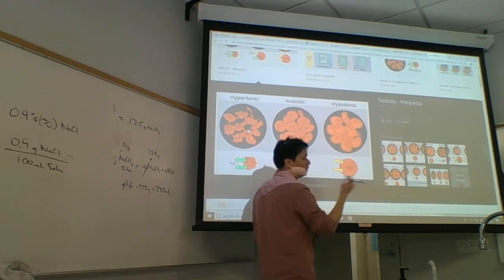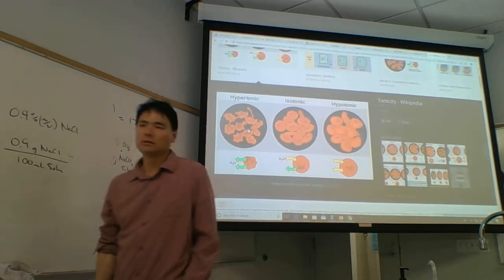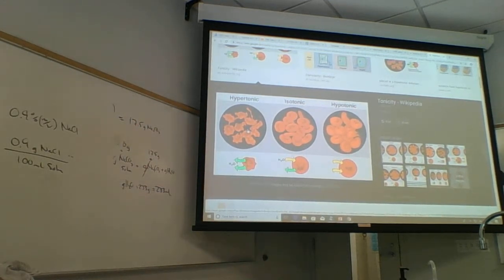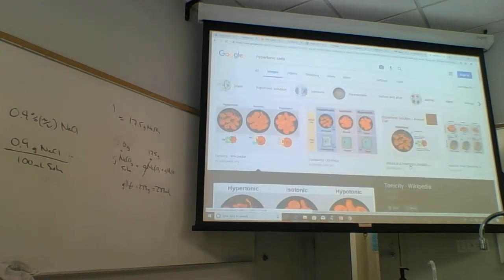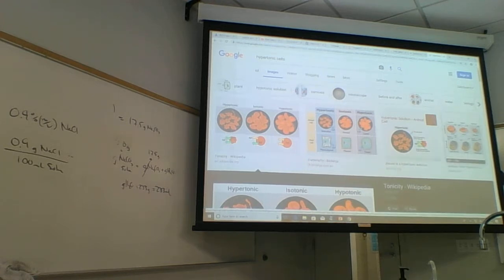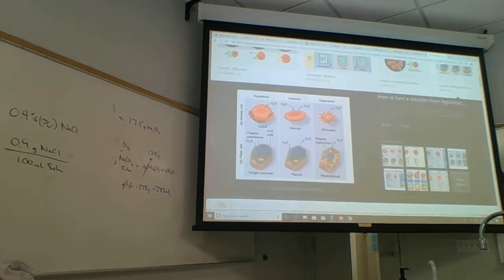It would be lysis. So 0.9% is important. This is isotonic.